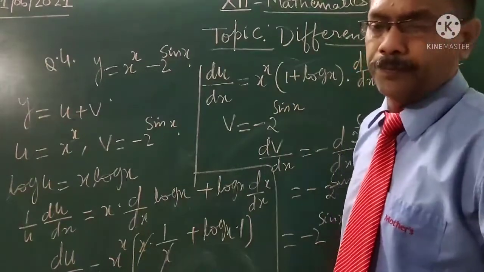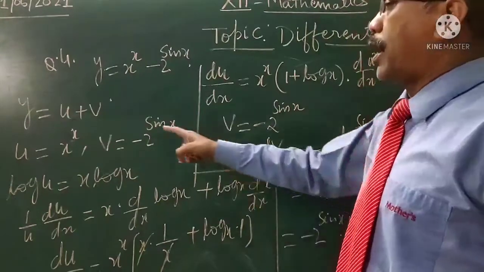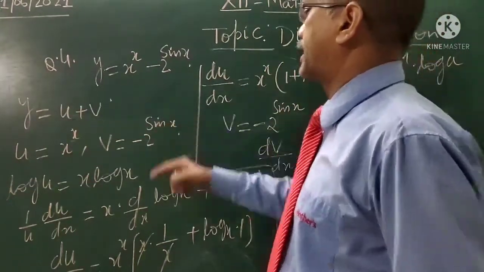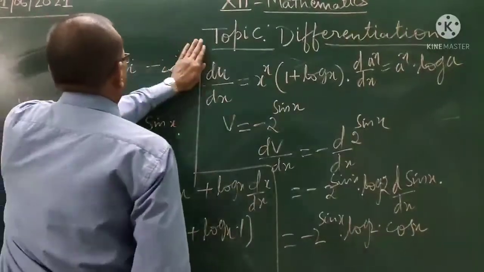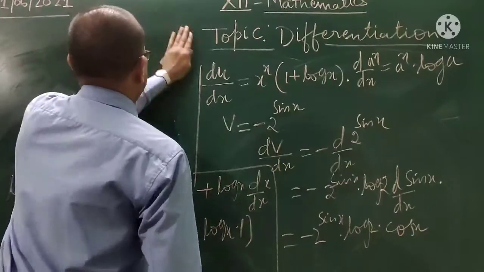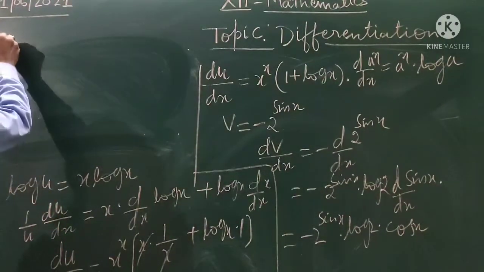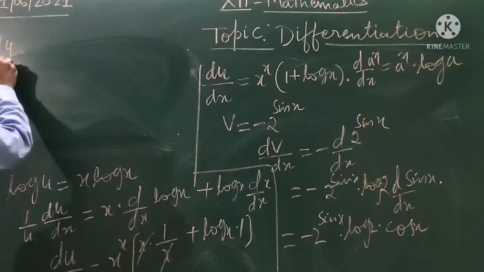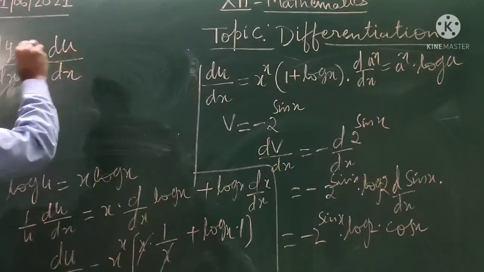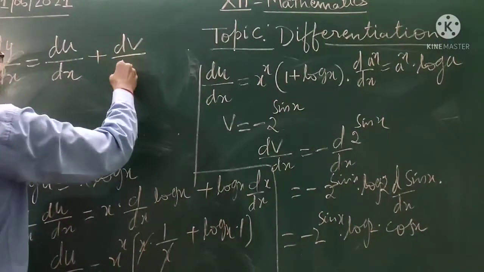Now we will put the value of du over dx and dv over dx here. So y equal to u plus v. Therefore dy over dx is du over dx plus dv over dx.